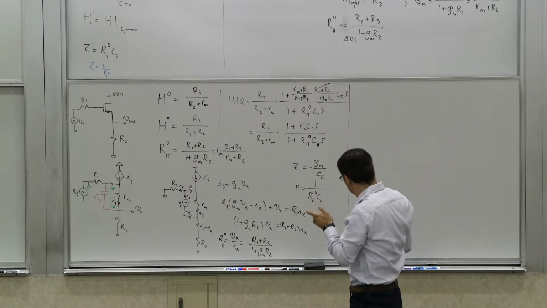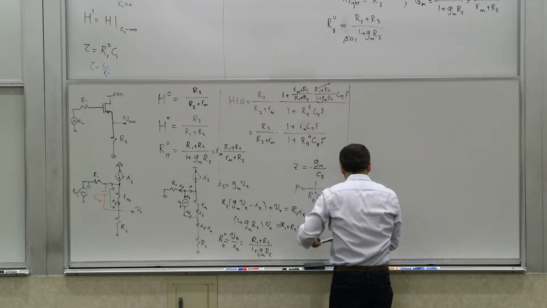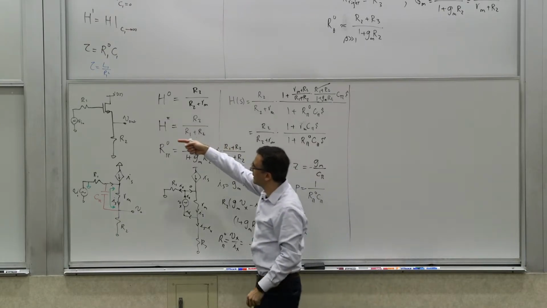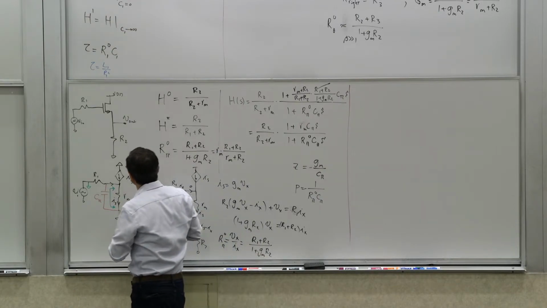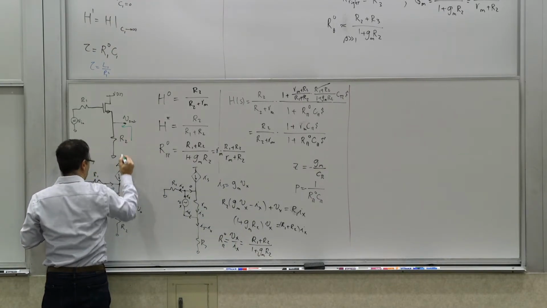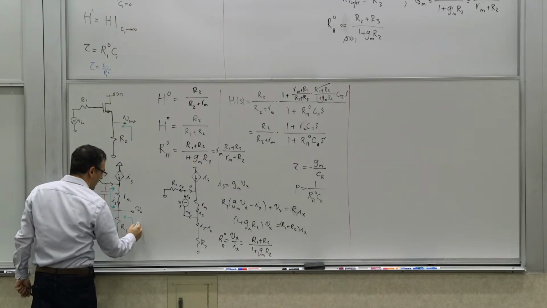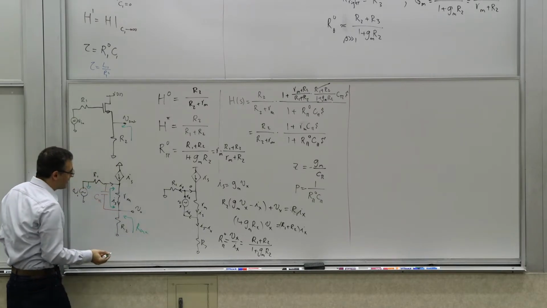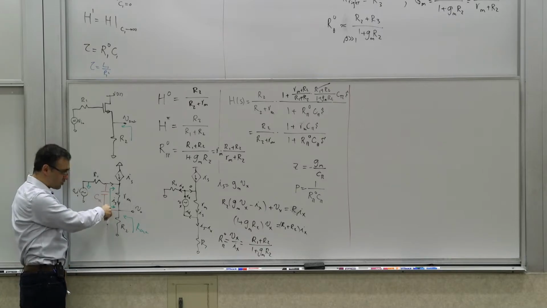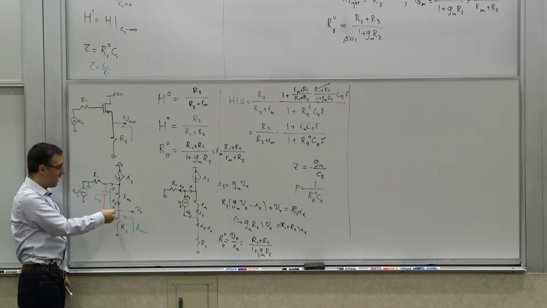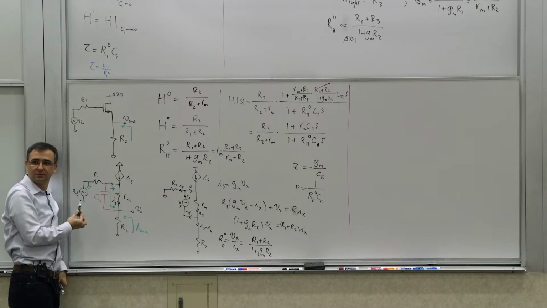How do we calculate its output impedance? If you look at the stage again, looking at this output, you can clearly see it consists of two components: R2 looking down, and whatever you see looking up.